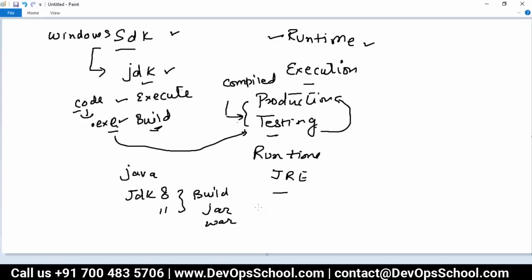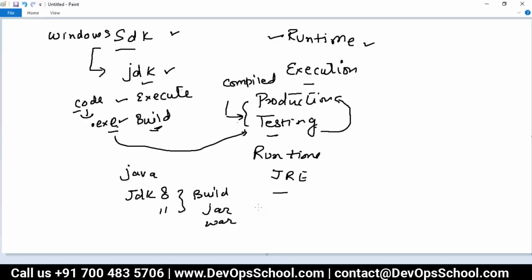Whenever you are developing code in Java, and if it is built, then you create either the jar file or war file. So it depends upon what type of application you are creating.